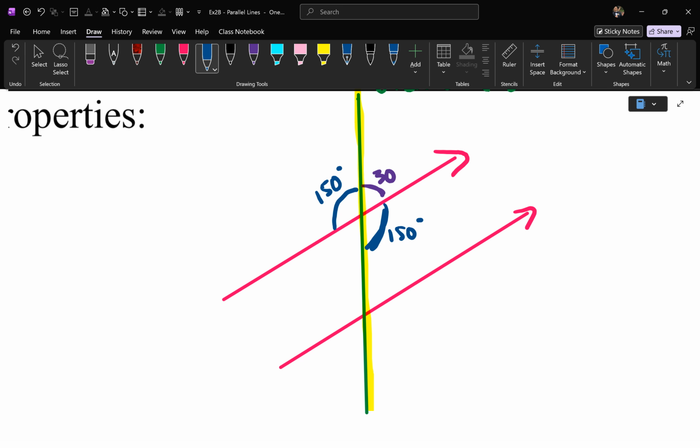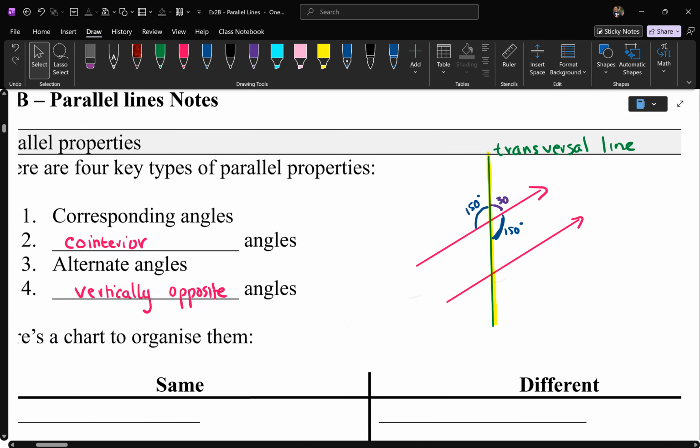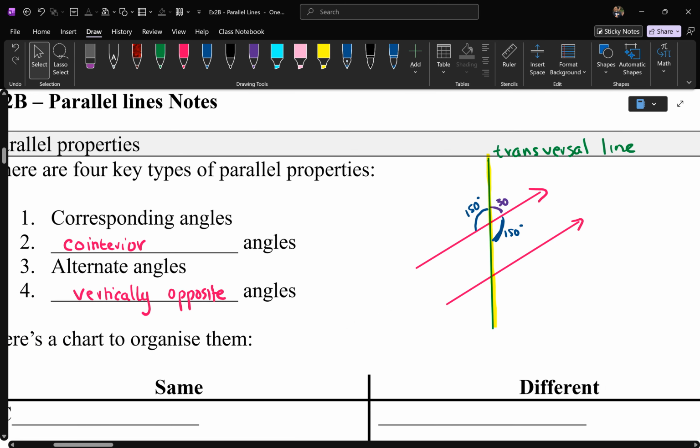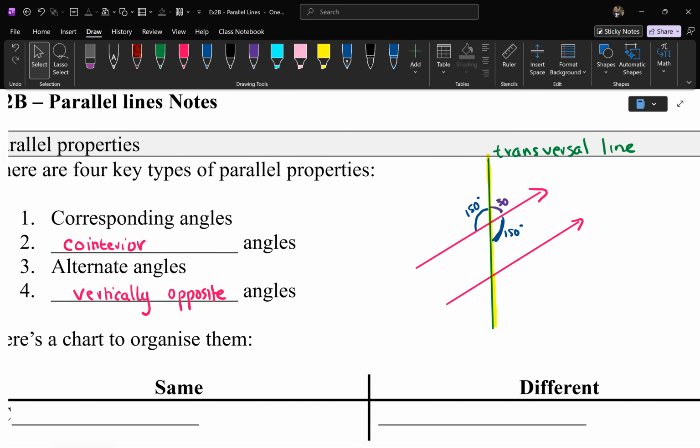Okay, and that occurs because you have a transversal line in a parallel line. So that's why in the properties, there are special angles that we notice, and one of which is vertically opposite. You've learnt. That's where they come from. Okay, and same thing with a 30. These 2 are vertically opposite as well. And all together, that should give you a full revolution, 360 degrees there.